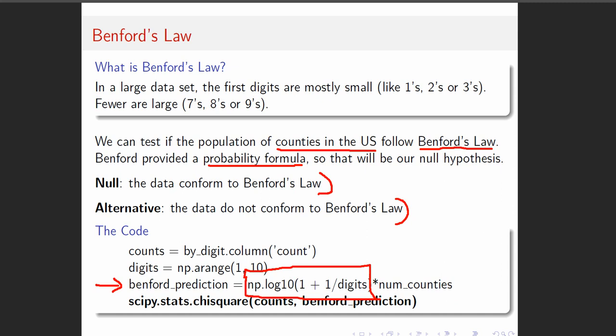And then we're going to have the actual statistics. The counts are going to go in first. Why? That's our observed data. And then our predicted, what's expected based on our prediction, is going to be in an array called Benford underscore prediction. So let's take a look at that.